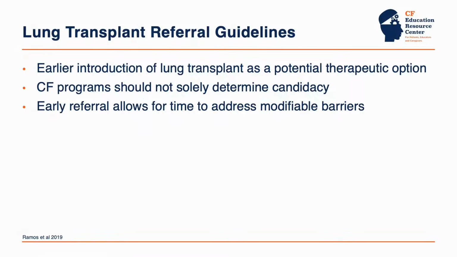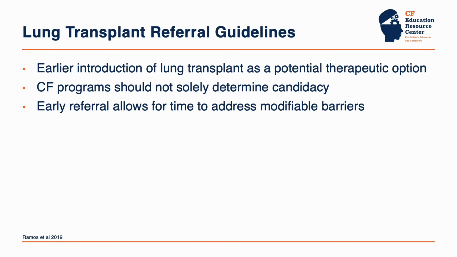We really strongly would like the transplant programs to make that decision, because they have the expertise to know who is and who isn't a transplant candidate. Our early referral is important because it allows time to address modifiable barriers and get patients in the best possible shape to have a good outcome after transplant.